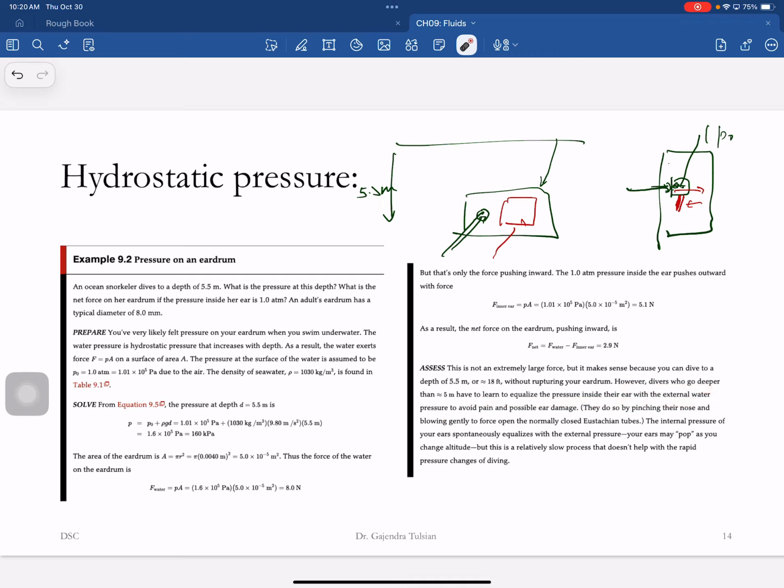They do so by pinching their nose and blowing gently to force open the normally closed eustachian tube. So you close your nose and you blow gently. Okay. So the air at higher pressure in your lungs, you blow that in there, and now the pressure is equal. Okay. So there are cultures where they free dive to quite a large depth, and so they naturally do it all the time.